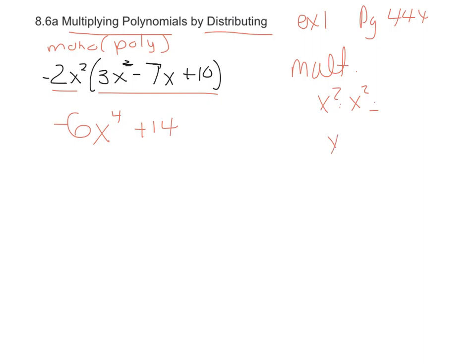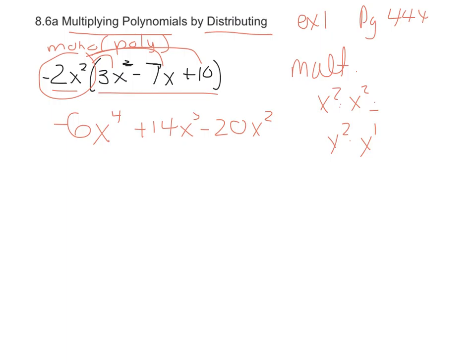And x squared times x is x squared times x to the first, so we're adding the exponents, so that's x to the third. And then for my last term, just to make it clear, I've multiplied this times the first term, this times the second term, and now I'm multiplying it by the third term. So it's negative 2x squared times 10 is negative 20x squared.